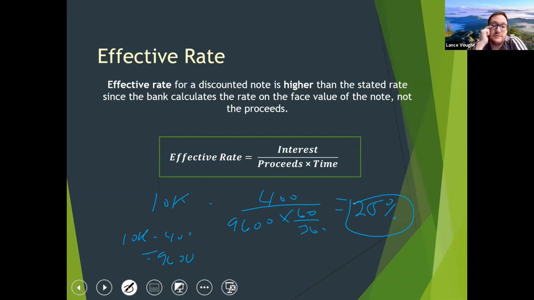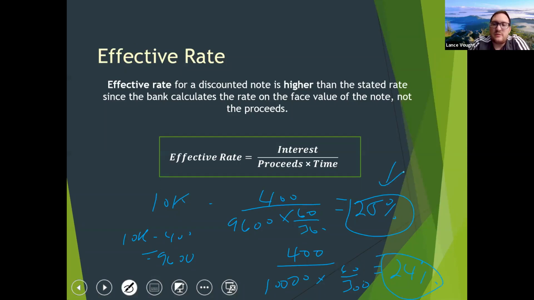Whereas if you paid it back all at once, you'd have 10,000 times 1 divided by 6, 400 divided by that gives you 24% as your effective rate.